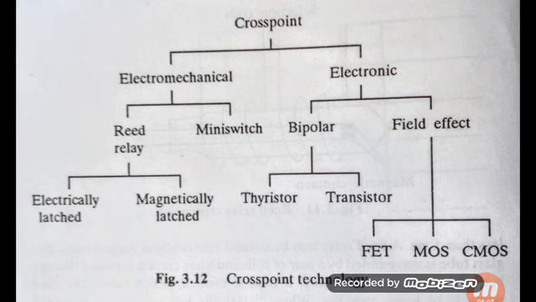MOS abbreviates metal oxide semiconductor devices. CMOS means complementary metal oxide semiconductor. So these are the family of crosspoint technology, and its main objective is to reduce the cost and size of the system.